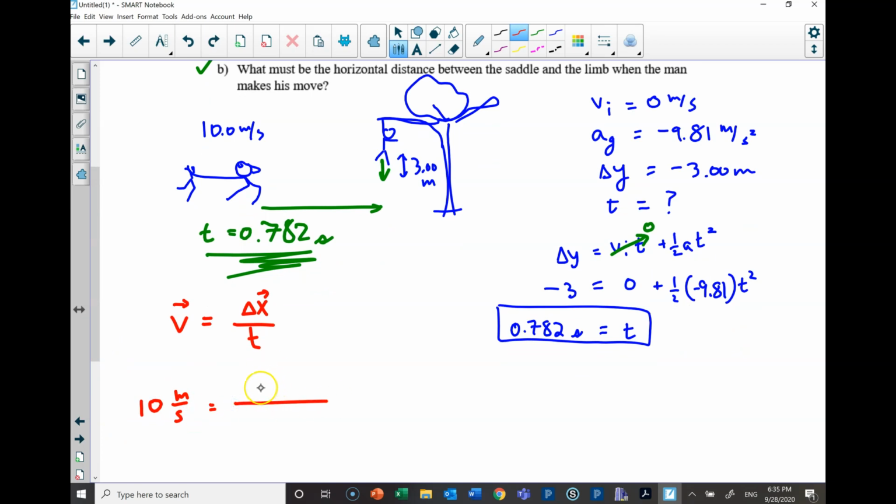The displacement is what we want to know, how much horizontal displacement between them. And the time that the horse is going to be running before she lands on the horse's back is 0.782. We cross multiply, and we can see pretty clearly this will be about 0.78 meters. And that is our answer.